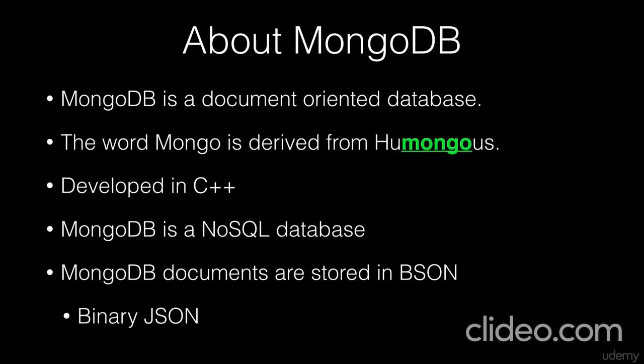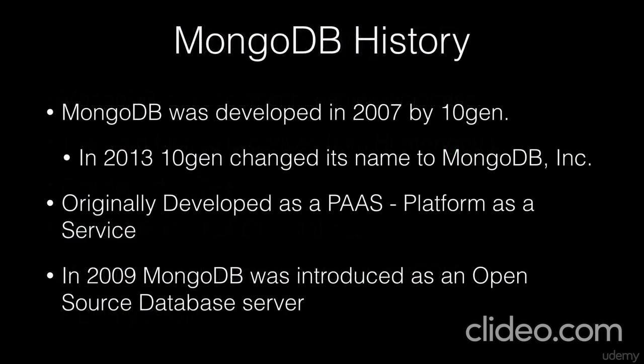Now, the word Mongo is derived from humongous, and I know I mispronounced that. I'm not very good at that word, but that is where Mongo comes from. It was developed all in C++. And like I said before, it is a NoSQL database, so significantly different than working with traditional SQL databases. MongoDB was developed in 2007 by a company called 10gen.